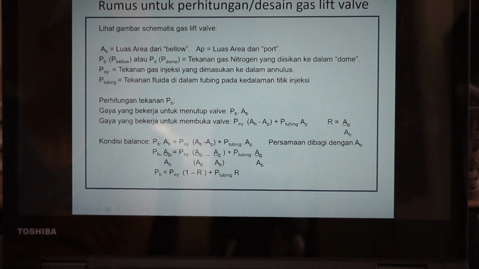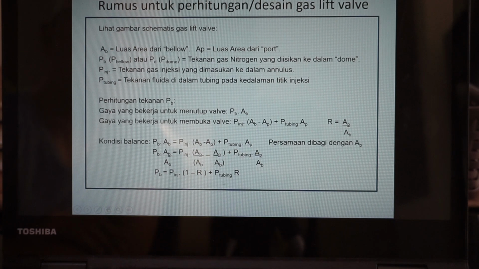In the condition of balance, these pressures are the same, so we end up with this equation. We have a ratio of the area of the port and the bellow.